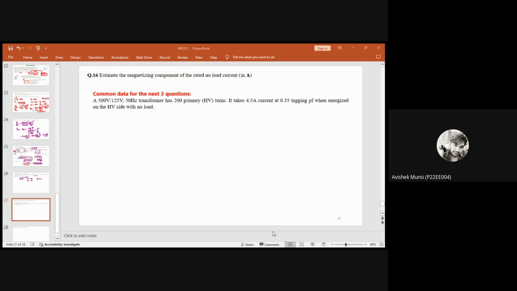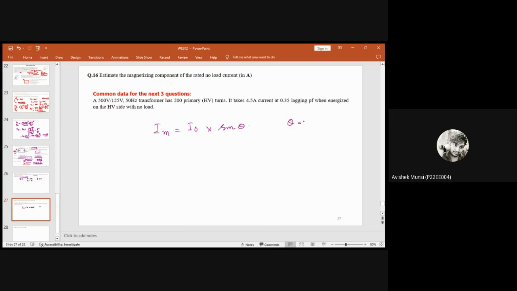Here you have to calculate the Im. Okay, so basically Im is the no load current into sine theta.